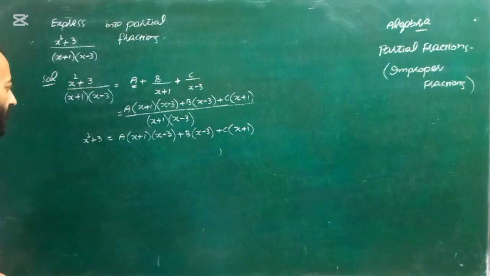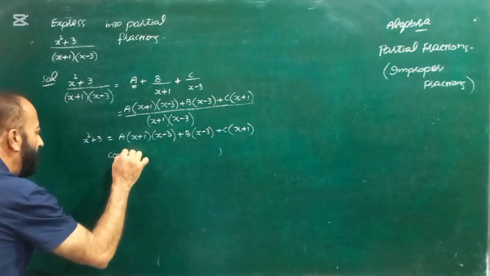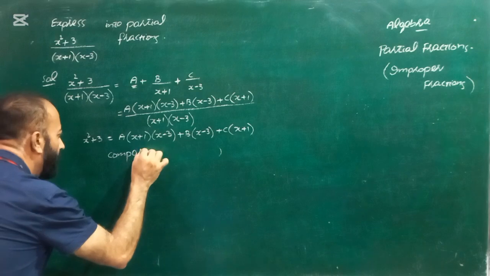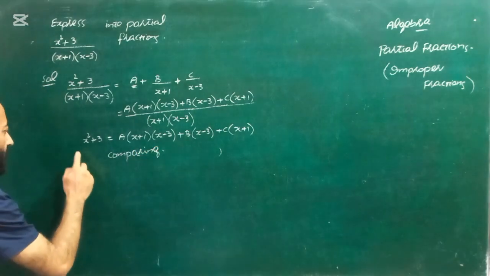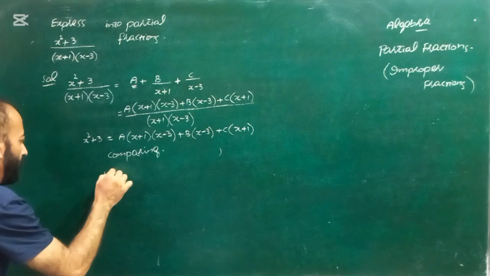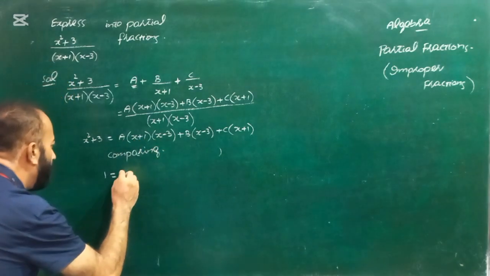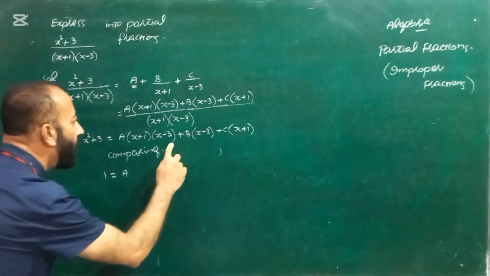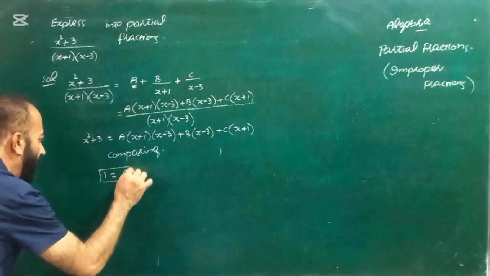So this is the step. At this step you will compare. On the left hand side the coefficient of x square is 1 and on the right hand side A, and that's it. So this is the value of A.